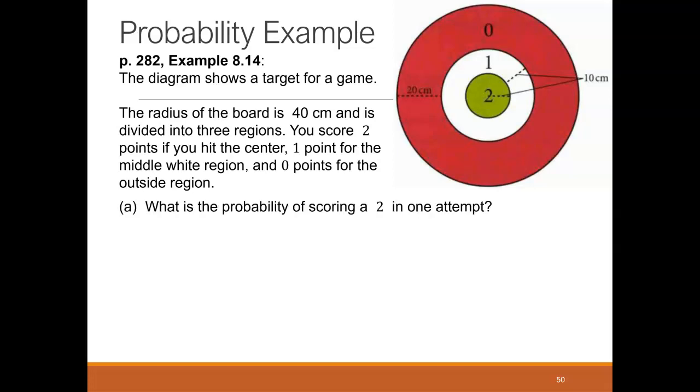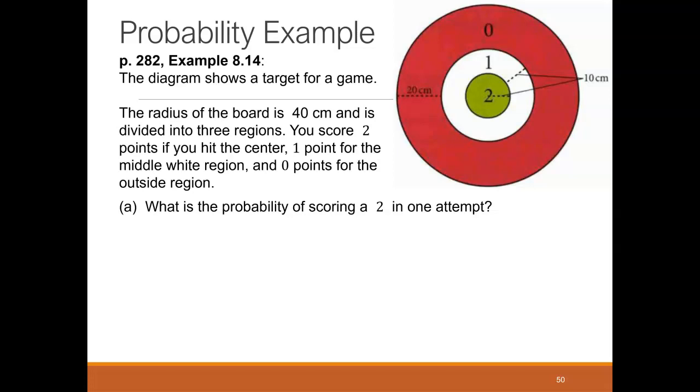What is the probability of scoring a 2 in one attempt? What would be the area of the green circle divided by the area of the entire circle, right? Everybody agree with that? How do you find the area of a circle?